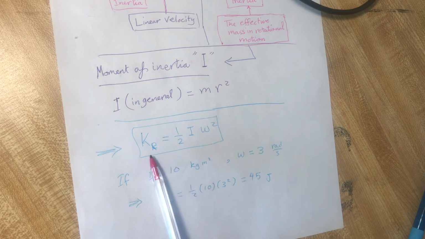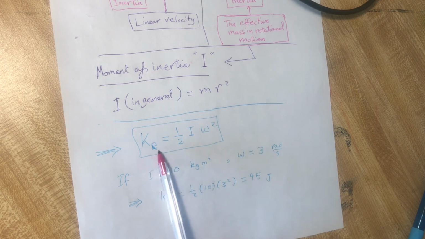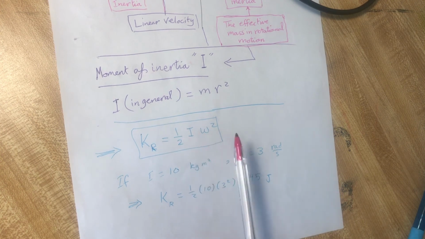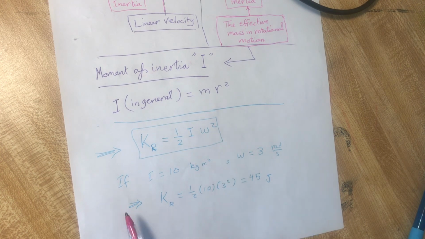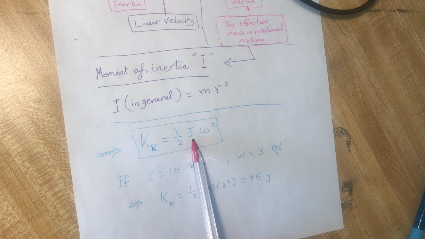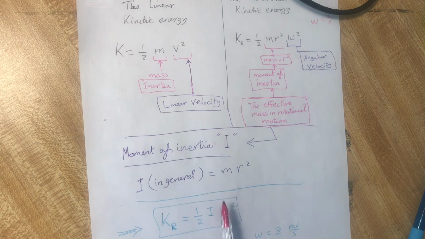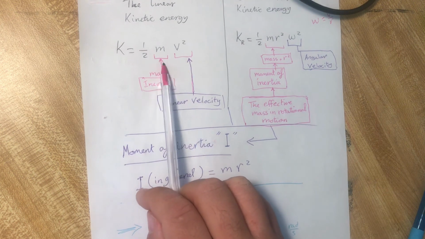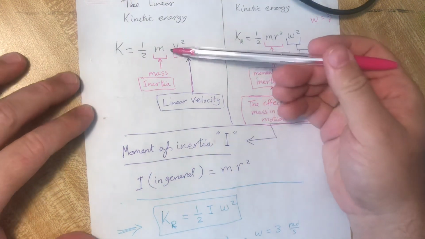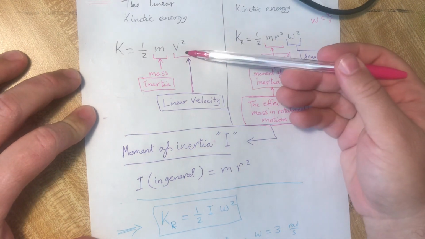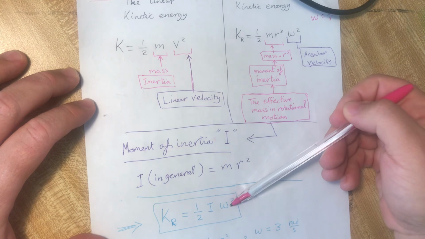But now look at the kinetic energy in rotational motion. What is the final form for it? It is half I omega squared. I is the effective mass. So now this formula is like the one in linear motion, but we don't have ordinary mass, we have I. We don't have linear velocity, we have angular velocity.